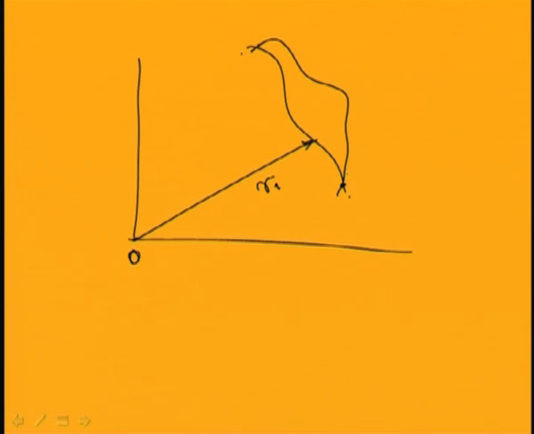There may be an infinite number of paths from point A to point B. If this path is the actual path, other paths can be considered as virtual or varied paths. So, delta r i is the virtual displacement at any time t, as we are considering the varied path.